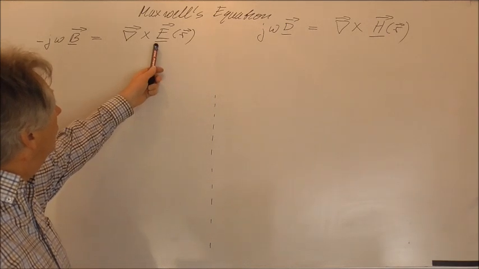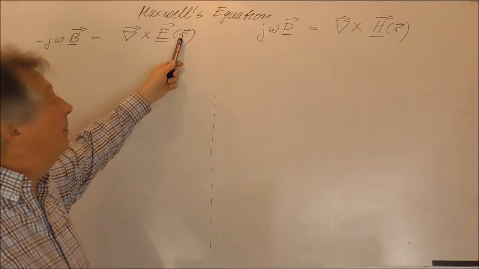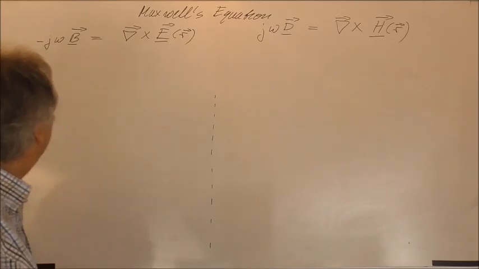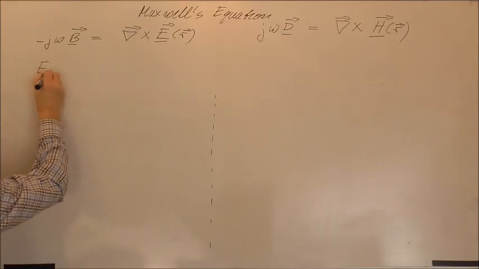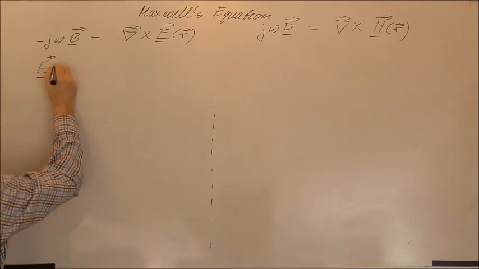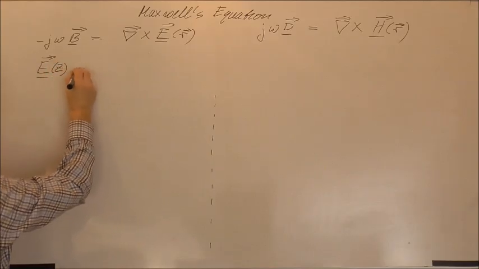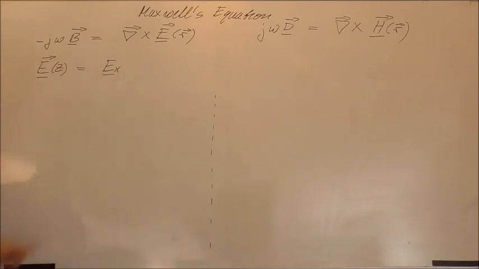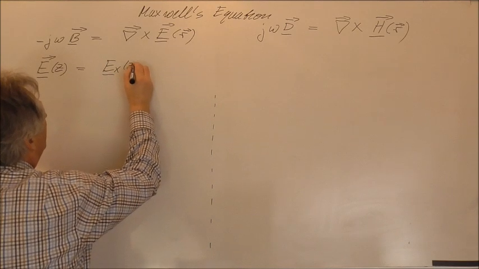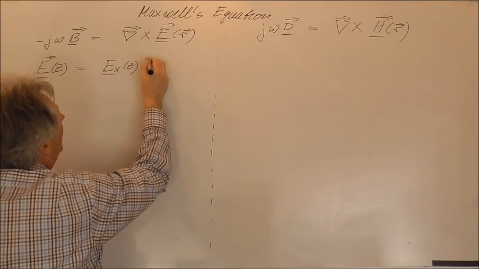Normally the electric field will be a function of all three space coordinates, but we will simplify and assume an electric field which is only a function of the z coordinate and only possesses an x component, which depends on the z coordinate, so we have Ex here.